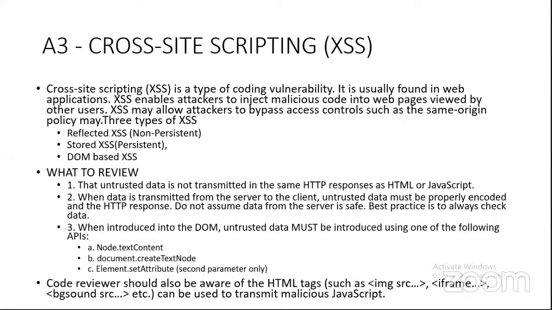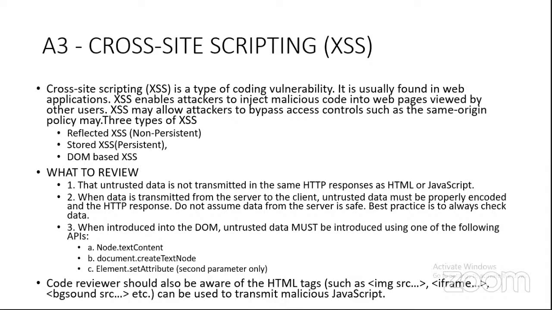So the next one is cross-site scripting, a type of coding vulnerability, and typically it happens in web applications, most commonly with HTML and JavaScript. Typically you have a tag, and it is not necessarily a script tag. For instance, you can have a mouse over event, and that mouse over event has with it a JavaScript that can also produce a cross-site scripting attack.